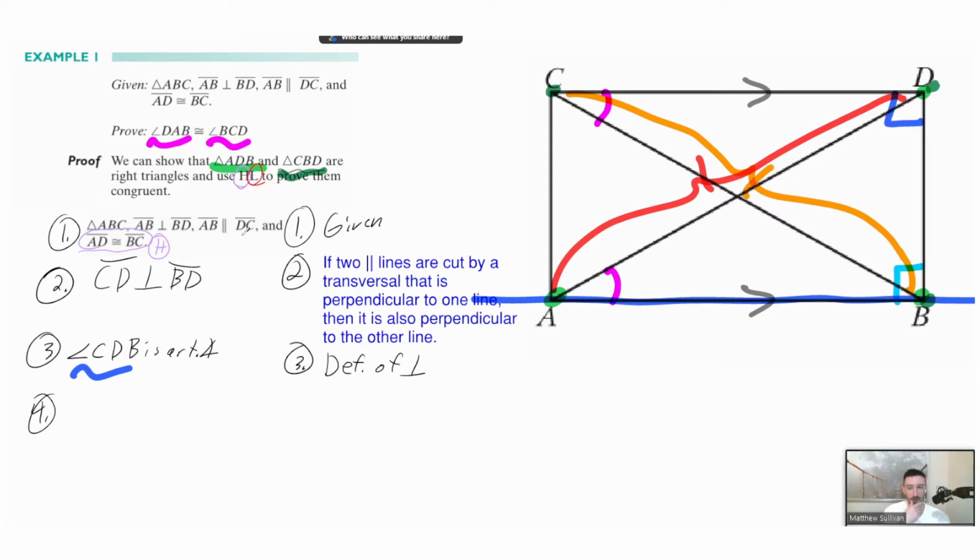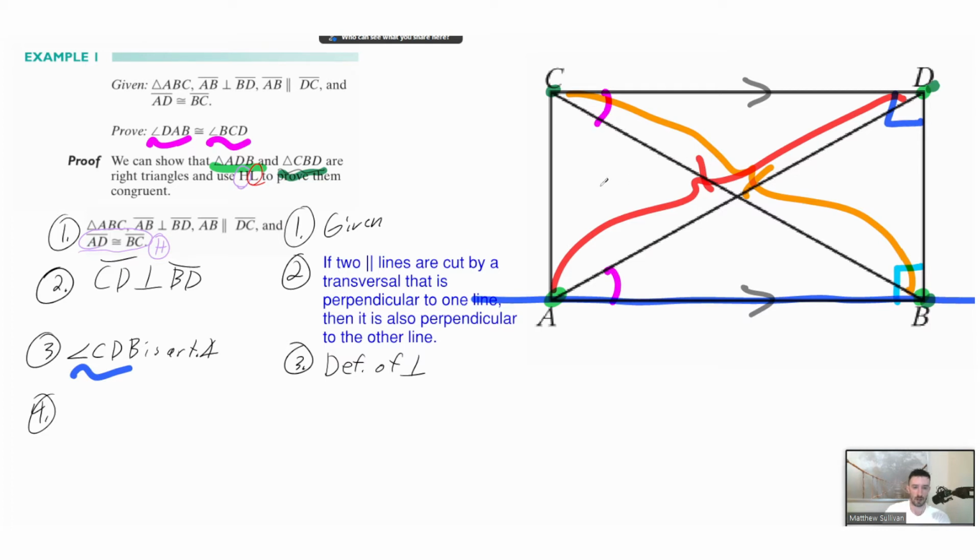Do we have a way of showing that two legs are equal from those two triangles? HL, right? Yeah, but we need to say which leg from the first triangle is equal to which leg from the other triangle.